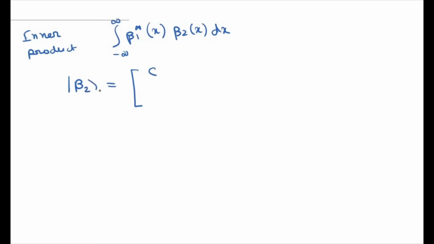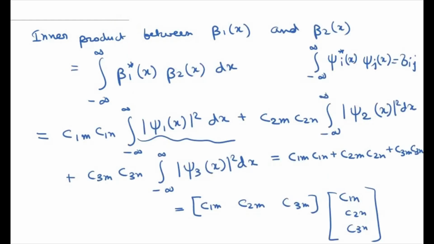Beta 2 is equal to beta mn that we have written earlier, so I will just replace it. Let me check the other page also. Here it should be mn instead of 1 and 2.